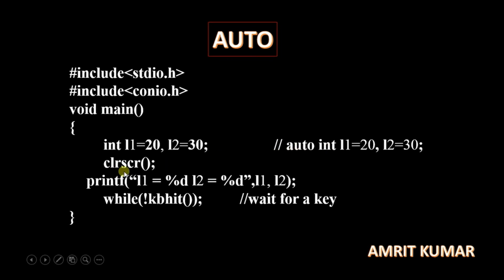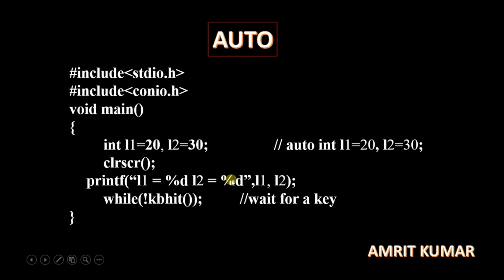After that I have used the clrscr function whose work is to clear the screen. After that we have used the printf function, which is an inbuilt function under the stdio.h header file. In that function I have used I1 and I2, so whatever value I1 contains will be replaced here, and whatever value I2 contains will be replaced here according to the format specifier. So the I1 value is going to be 20 and the I2 value is going to be 30.